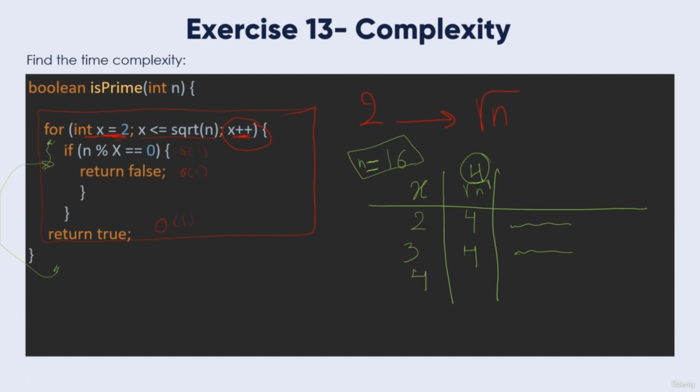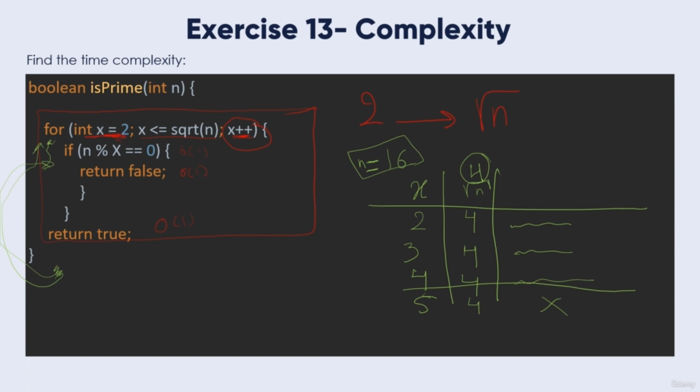Now x equal to 4, and 4 less than or equal to 4, yes, because square root of 16 is 4. So go and execute this. Now it goes here and going up. x is increased by 1, so x is now 5. 5 is less than or equal to 4, no, so it will be stopped.